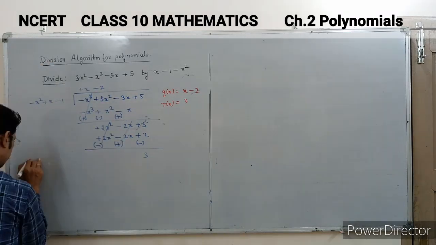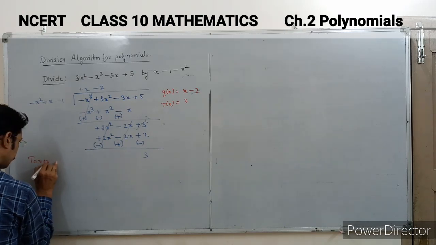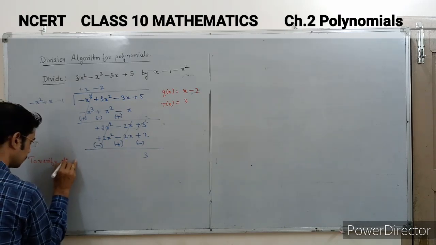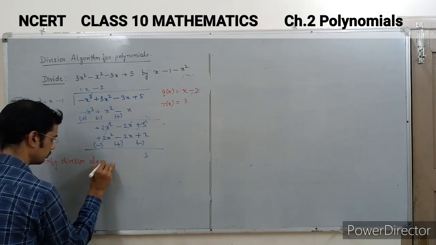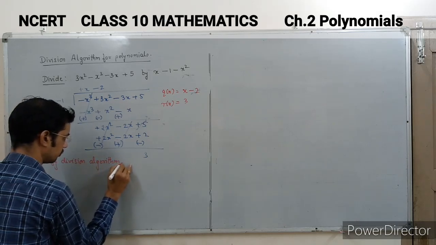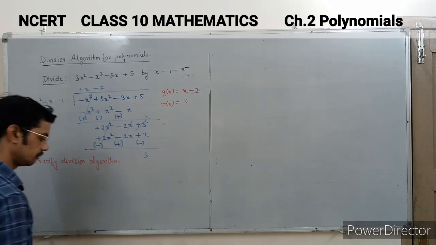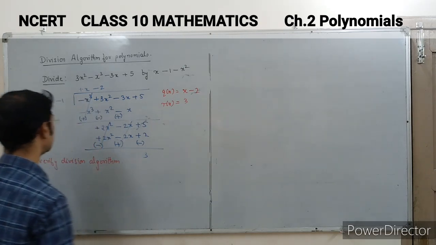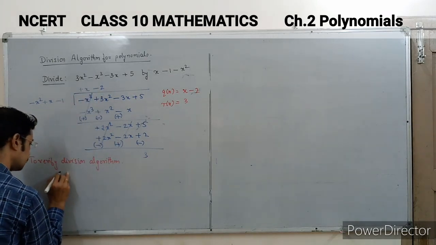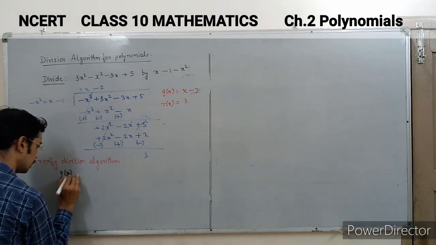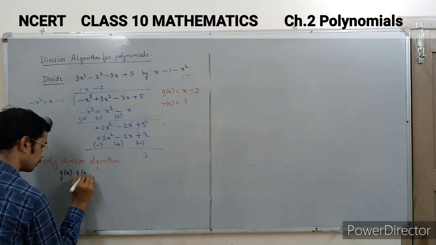So how can we verify? To verify division algorithm, we shall be considering these into this. Okay, so that is g of x into q of x.